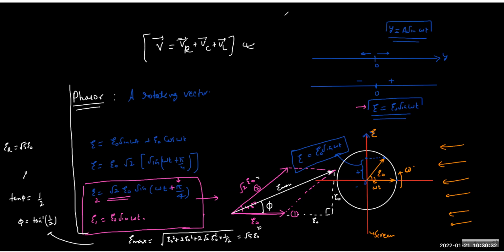So we write E max sin omega t plus phi, because it is phi ahead, right? From the reference, it is phi angle anti-clockwise. So we add anti-clockwise, we subtract clockwise. And this is exactly the way of writing the resultant answer.